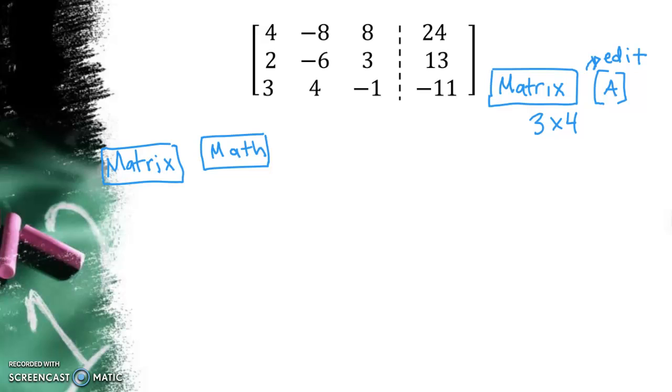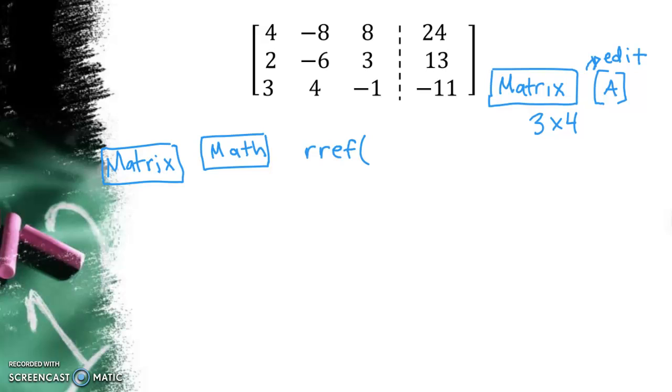So we go into the matrix menu, and the second tab over is a math tab, and I'm going to go over to that math tab using our arrow, and then we'll go down, and it's actually letter B on mine, and find the function that says RREF, with a little parenthesis. So we hit enter on that. This is going to take us back to the home screen.